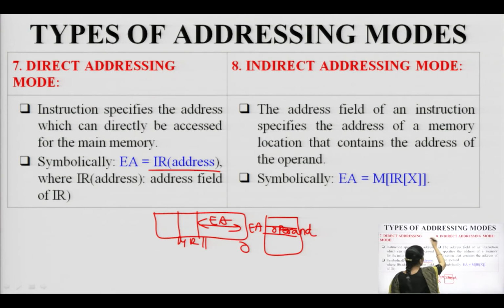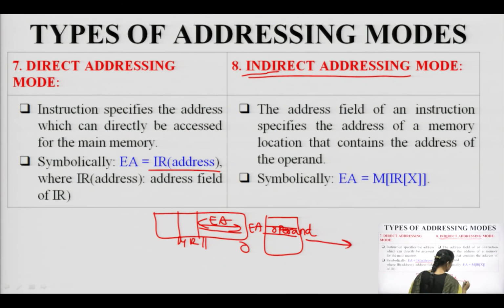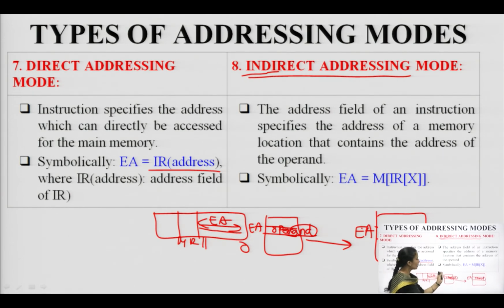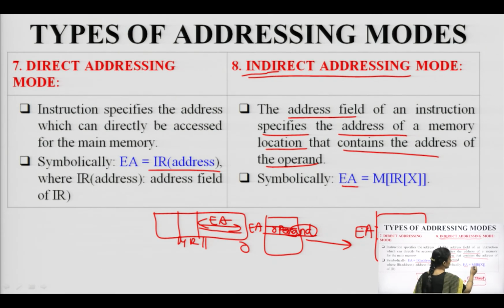And as soon as I put 'in' in front of it, it becomes indirect addressing mode, so whatever I find here, I will go one more step: the value found here will be my address, and there I will get the operand. Indirect says go one more step, that is, the address field of an instruction specifies the address of a memory location where I need to go, that contains the address of the operand, and if I need to write it symbolically, it will be written as M of IR of X.